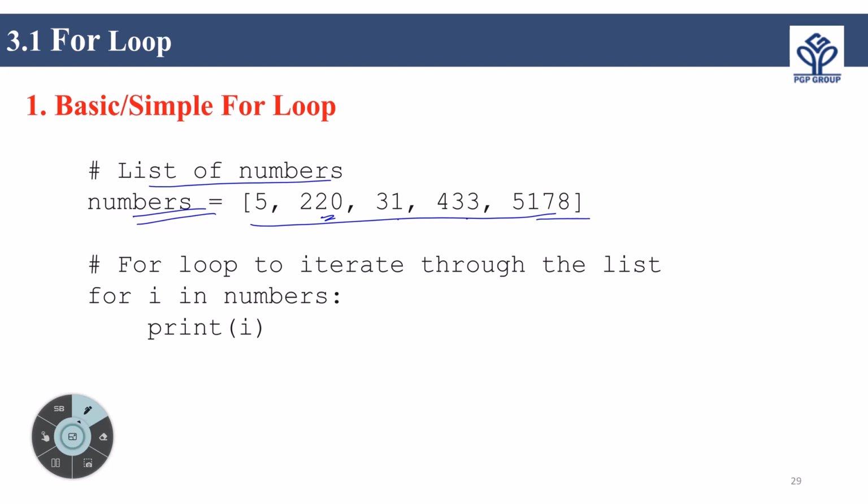So for i in numbers, first i is equal to 5, so it prints 5. Then i is equal to 220, and 220 is printed. So this is based on the i value being executed using the for loop.